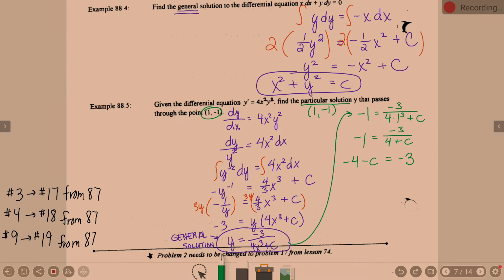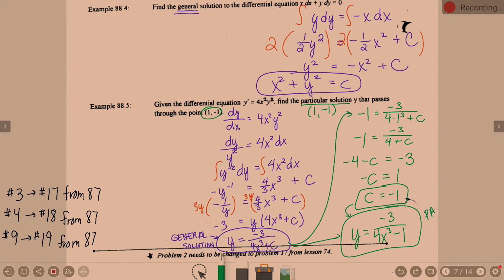If I add 4 to the other side, -c equals -3 plus 4, which is 1. If -c equals 1, then c is -1. Now, put that together with your general solution, and I have y equals -3 over 4x cubed minus 1. And that is my particular solution.